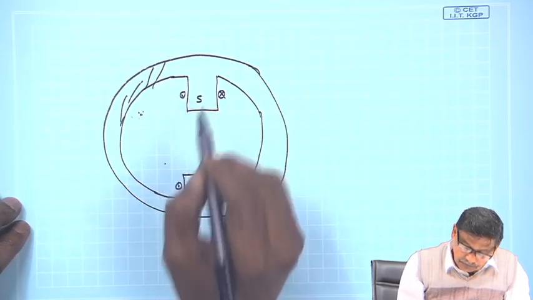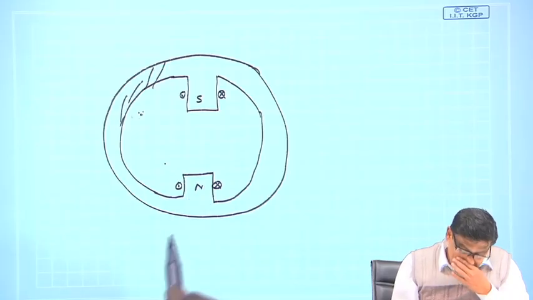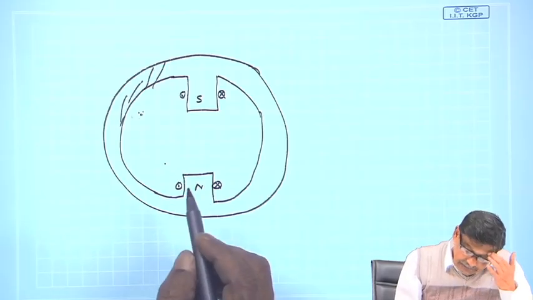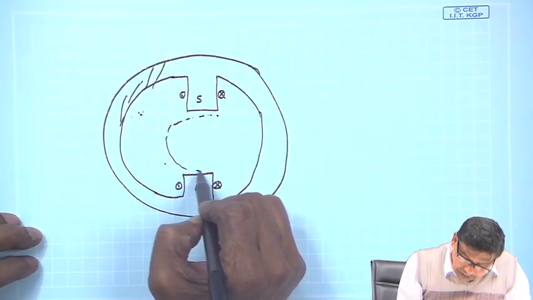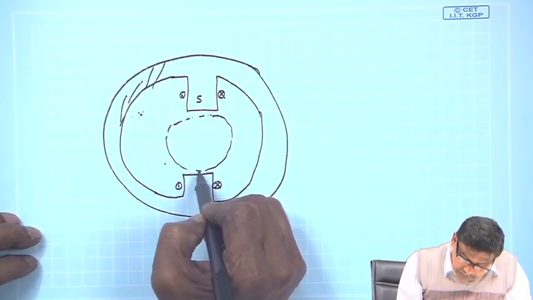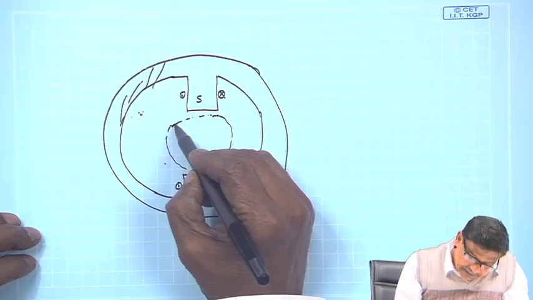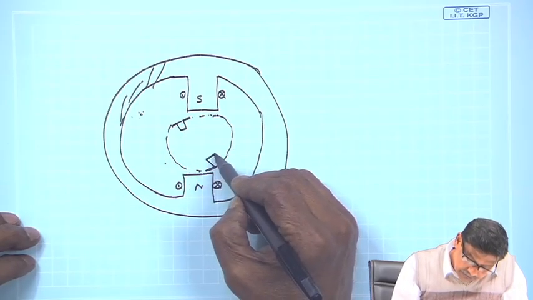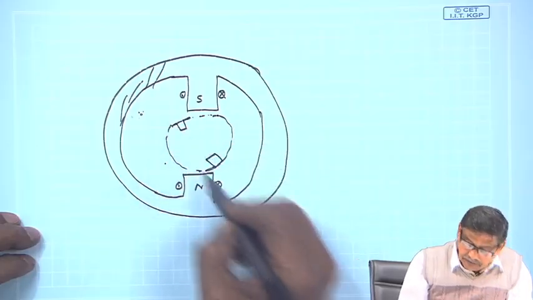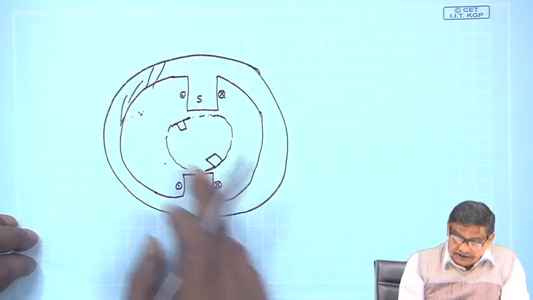This becomes south pole, this becomes north pole, we have seen. Now, what I can do is this: this is the rotor, and here instead of a single slot, I will connect two slots in diametrically opposite positions.